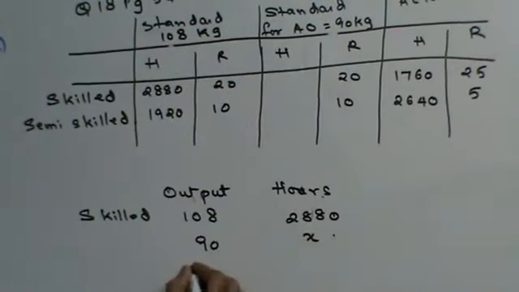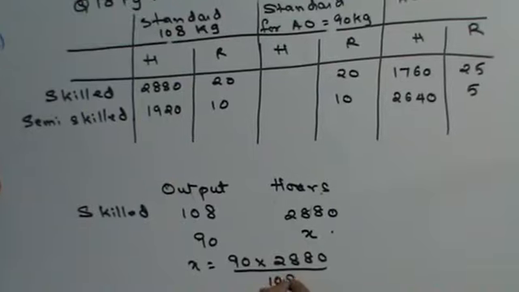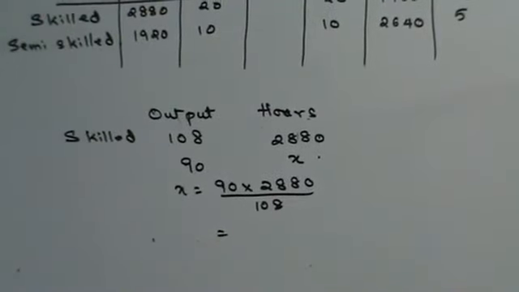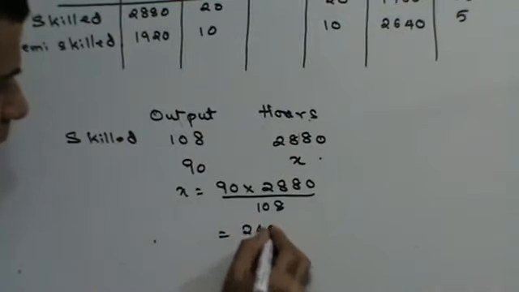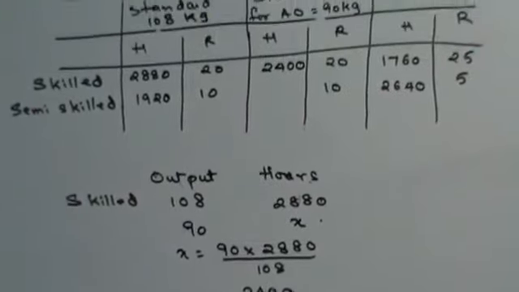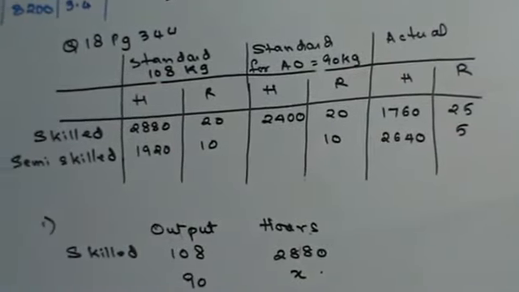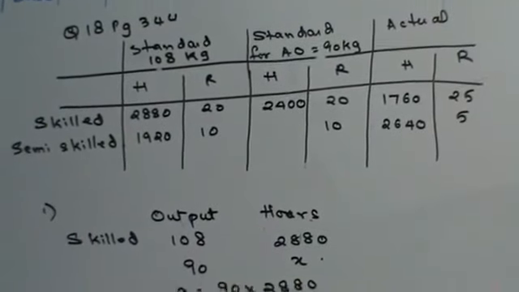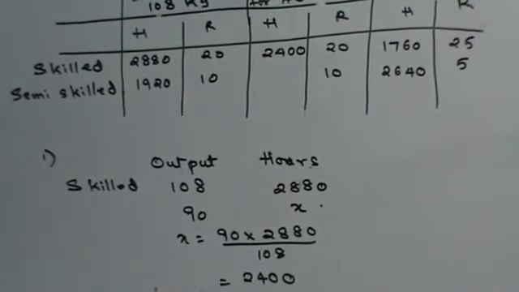So how many hours will they require? Someone please calculate. It will be 90 into 2880 divided by 108. How much is this? 3456? How can it be 3456? It has to be less. Yes, it will be 2400. That was for skilled. Same way, I can work out for semi-skilled also. Output, hours, semi-skilled.